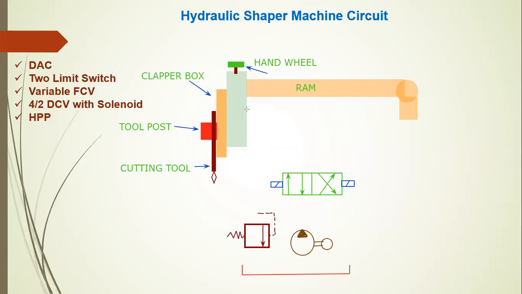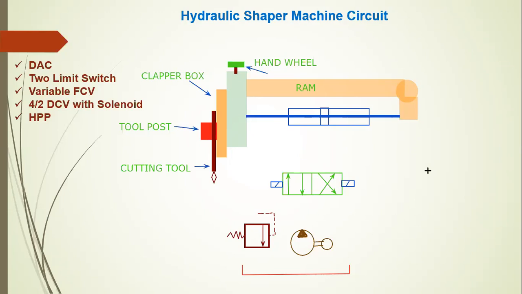Here give one connecting rod to operate between two positions in a hydraulic shaping machine, which is operated by a double acting cylinder. Here is a double acting cylinder with one piston arrangement inside.